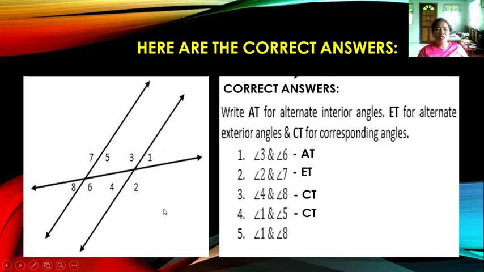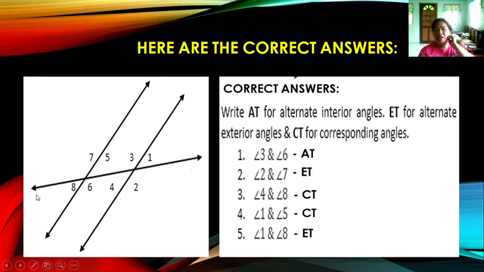What about angles 1 and 8? What do you call angle 1 and angle 8? Okay, alternate exterior angles. They are located outside and they are not on the same side of the transversal.